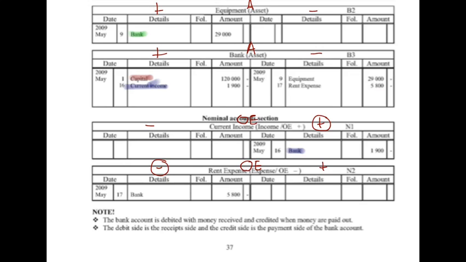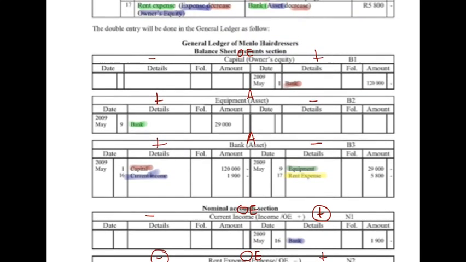So bank is the account, rent expense is the account debited, and then bank would be the account credited. Then we have successfully done all 4 of these transactions, each with their debits and credits. So we are well in balance for this exercise.